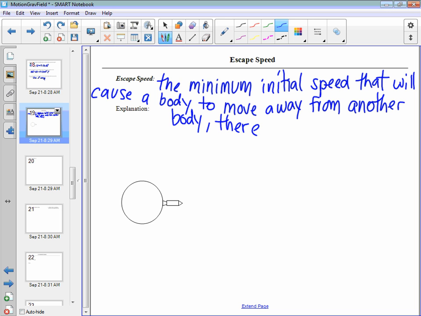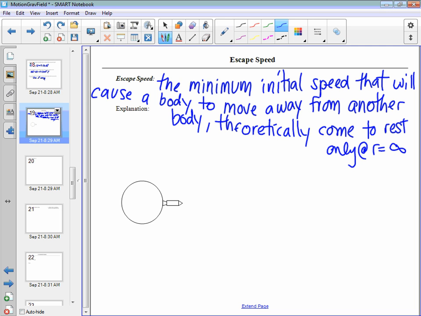And then that object will theoretically come to rest only at a distance r equals infinity. Okay?